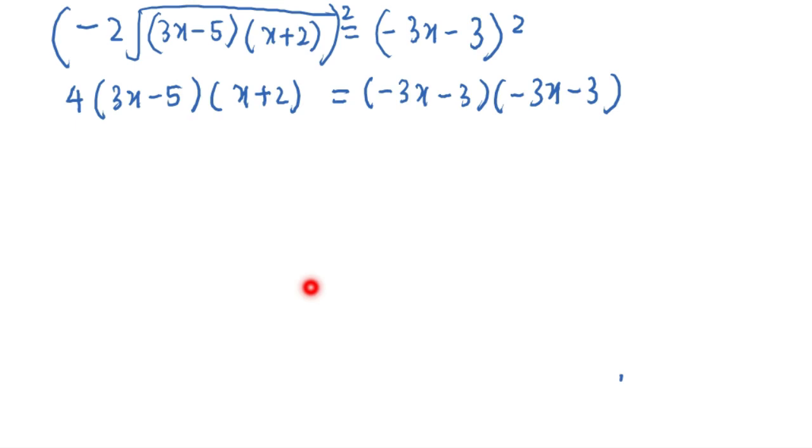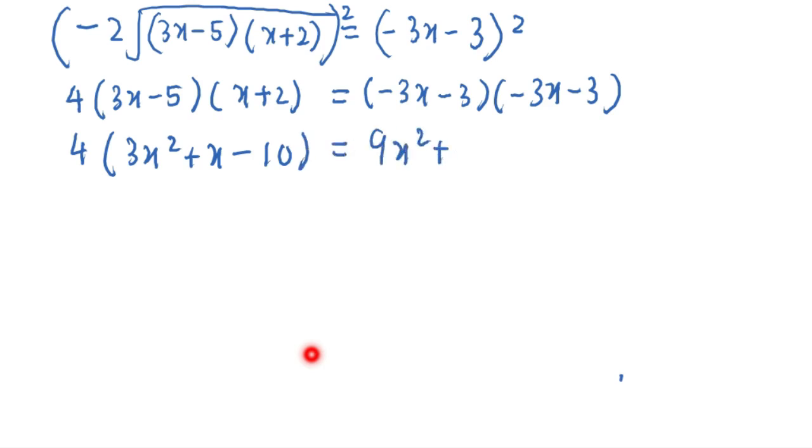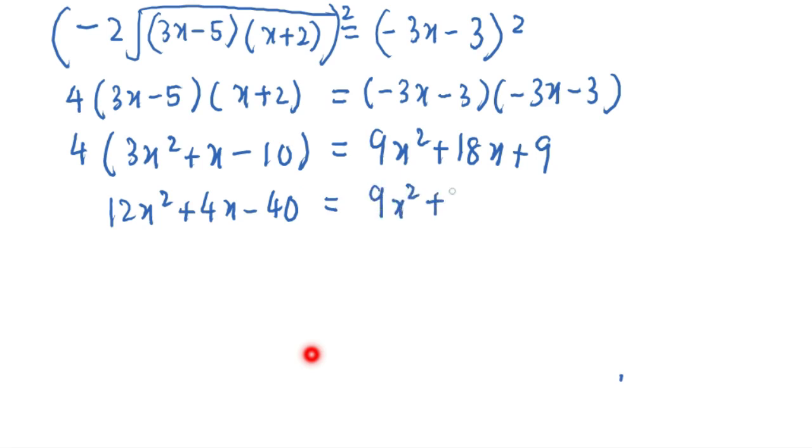Expanding the bracket, you're going to get 3x squared plus x minus 10 equals to 9x squared plus 18x plus 9. Then multiply this bracket with 4, you're going to get 12x squared plus 4x minus 40 equals to, copy again this part.